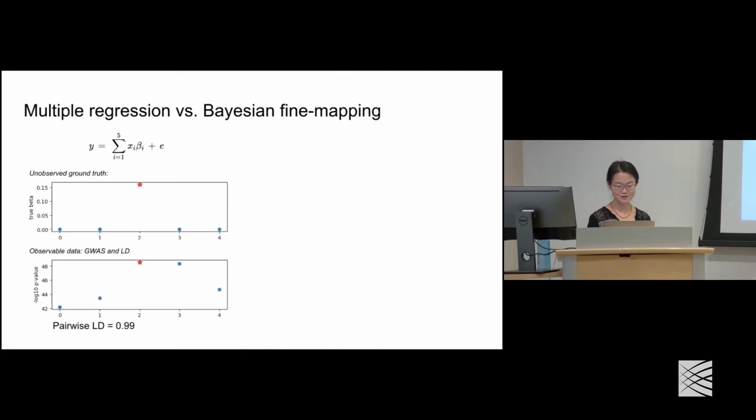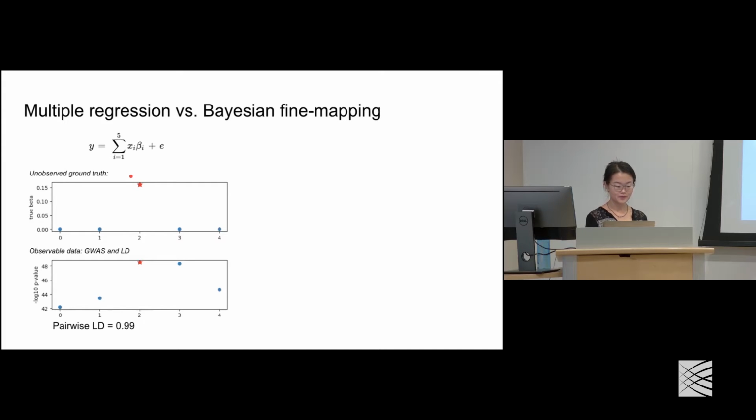And I kind of want to bring out this example to motivate the Bayesian fine mapping method. Okay, so I simulated a region with only 5 SNPs. And the truth is that all these 4 SNPs on the sides are not causal. They have 0 true effect sizes. And only this middle one has a non-zero true effect size, 0.15.